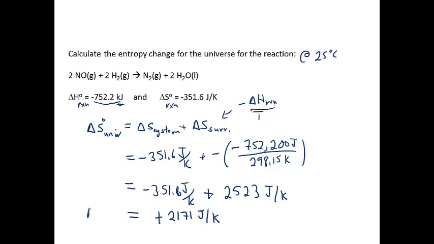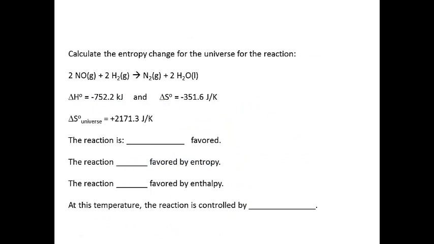Because delta S for the universe is positive, the reaction is going to be favored. Now let's look at this. So our delta S for the reaction is 2,171.3. I left off the 0.3. So the reaction is what we call product favored. Product favored means that it's favored to make products because delta S for the universe will increase if that happens.